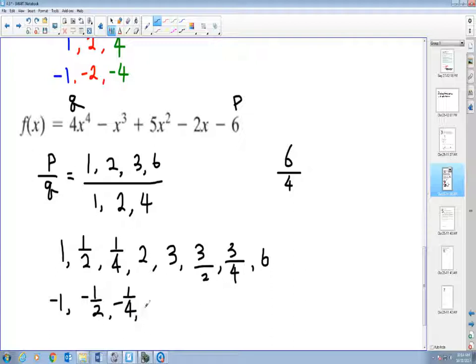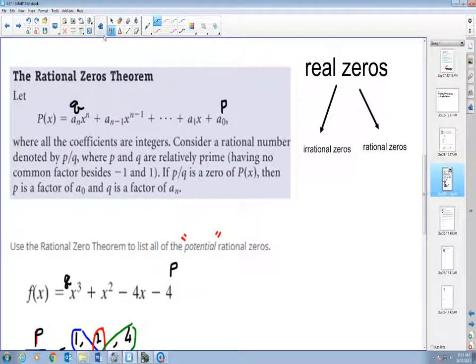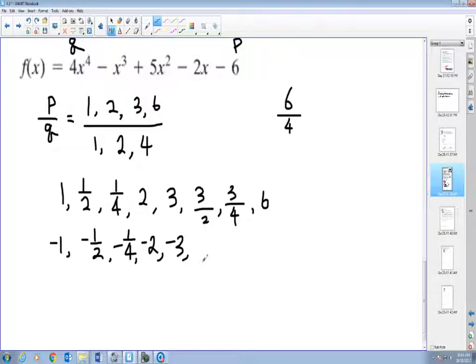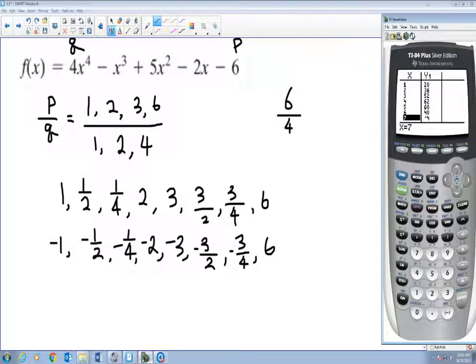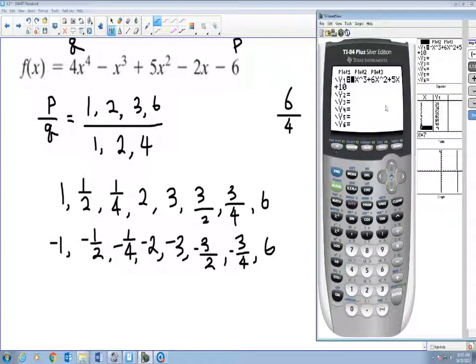So when we do the P over Q, the rational zero theorem really helps me identify that, other than integer zeros, I could potentially have some kind of fraction zeros as well. So if I use this problem, for example, this one right here is a little bit tricky because that's a 10.